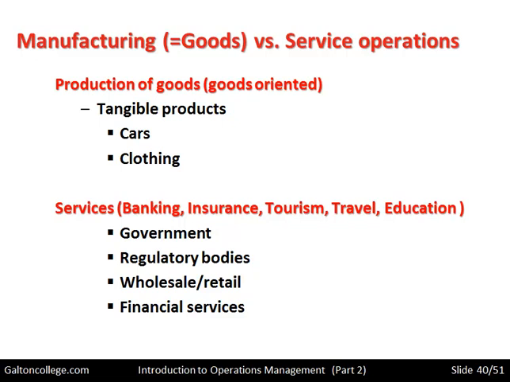The financial services, banking, insurance, and so on. There's nothing tangible. We can't touch it. So there are two types, and one of the big distinguishing features of these two types is the tangibility, if you like, of the outputs. With goods, we can touch them. With services, we can't.